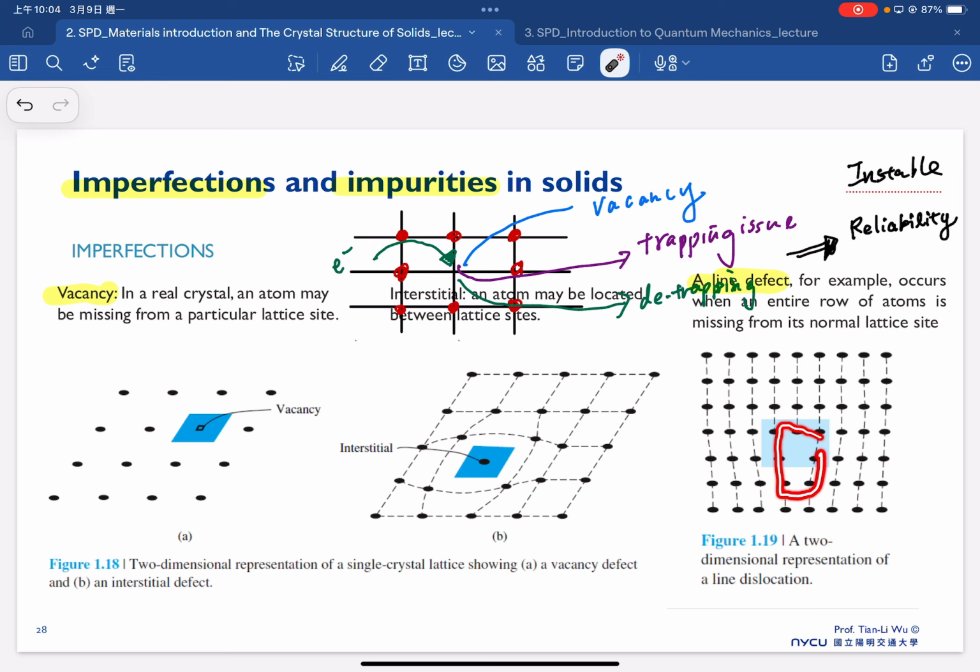That's what we call a line defect. This is a general issue we call a line defect.